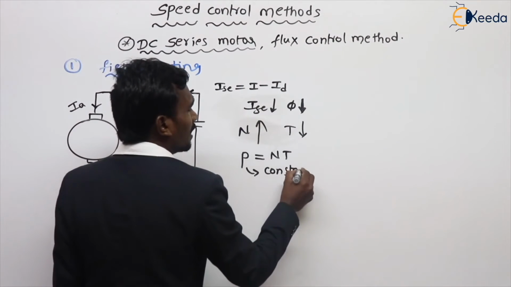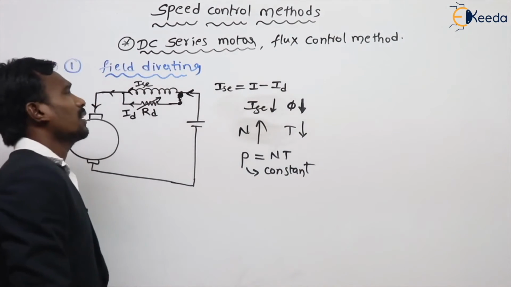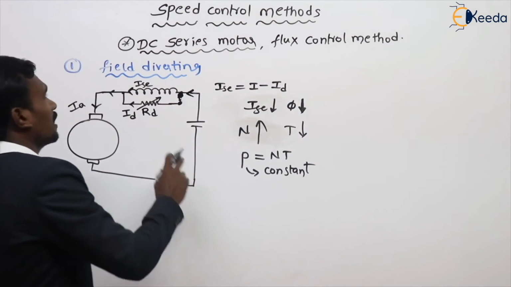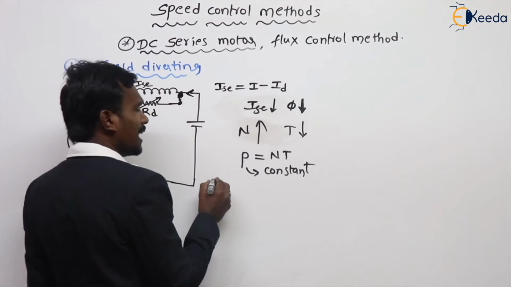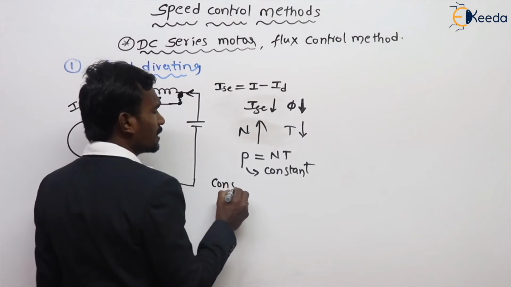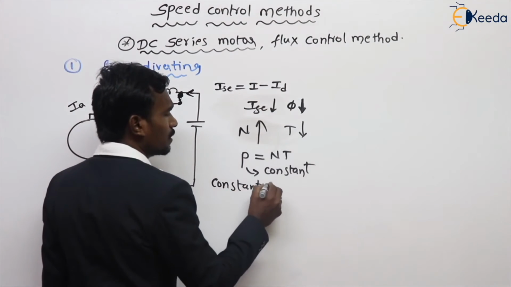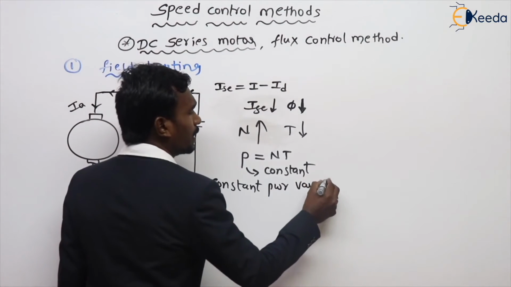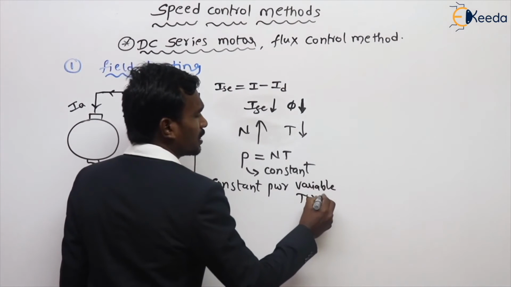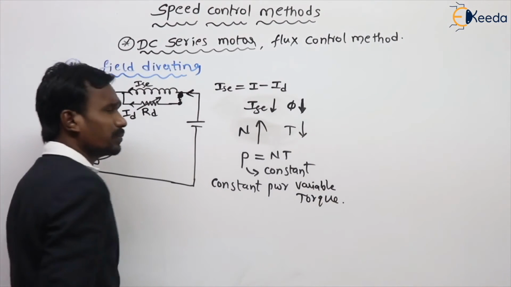I told you already. This is simply the flux control method, the field diverting method. Here also, the machine acts as a constant power variable torque drive only.